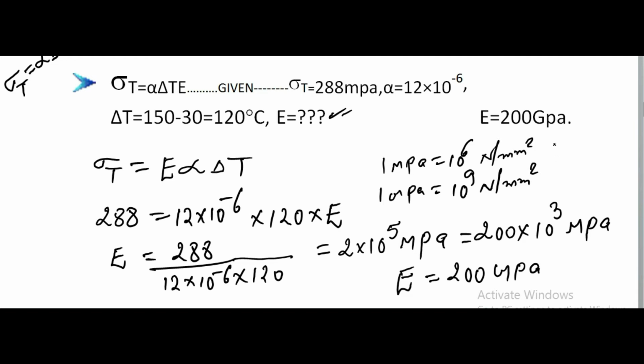So 10 to the power 3 megapascal is equal to 1 gigapascal. So the answer is 200 gigapascal.